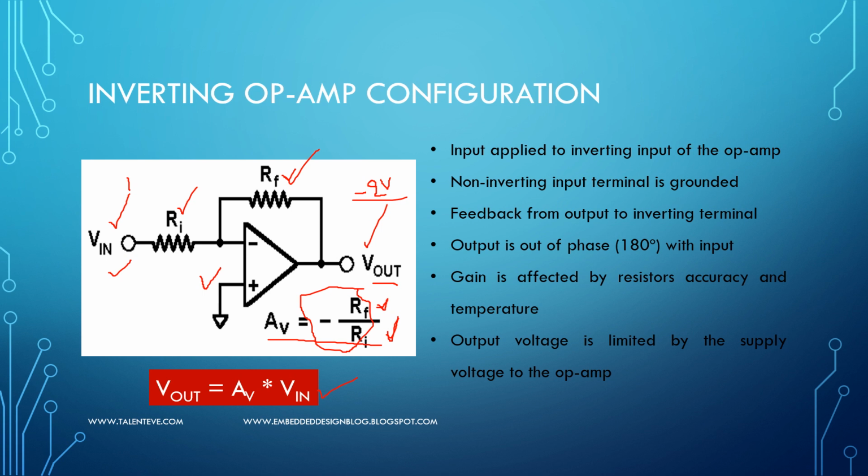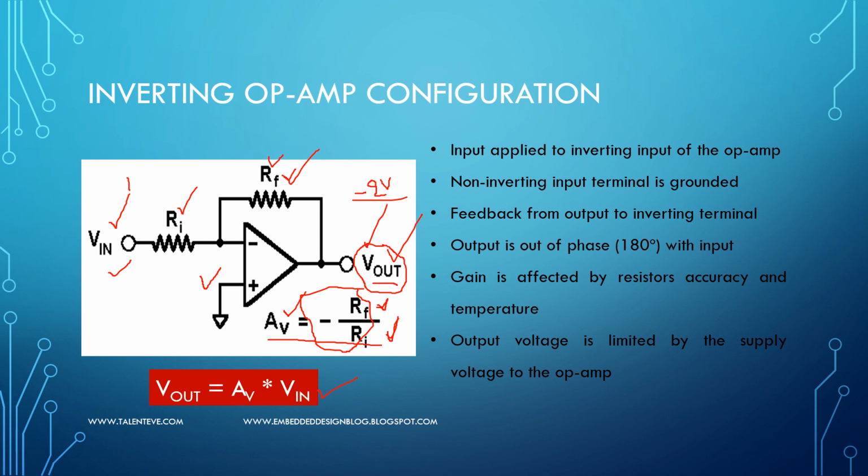Now a basic question from the designer comes: I will use a huge feedback resistor, and can I get a huge voltage output? This is one of the basic doubts designers have, but we can say that the output voltage is limited by the power supply voltage you give to the op amp, or the bias you provide to the op amp.